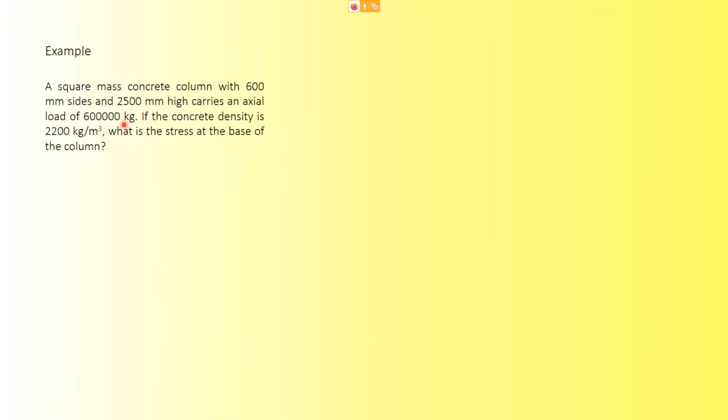Now remember that the value given here is in kg. So they say the concrete column, you know what is a column, right? Okay. So it is taking up a 600,000 kg load.